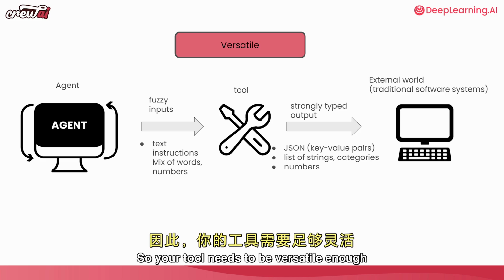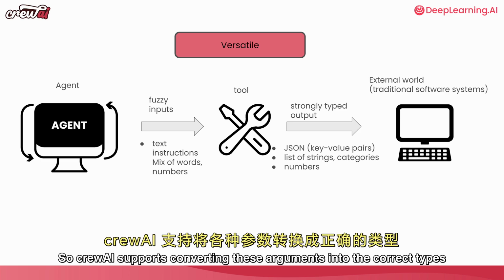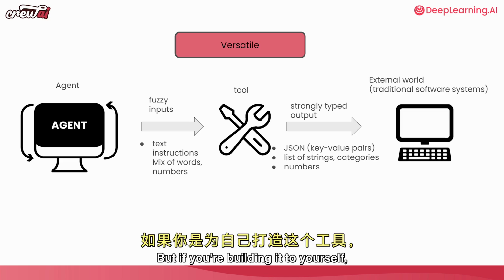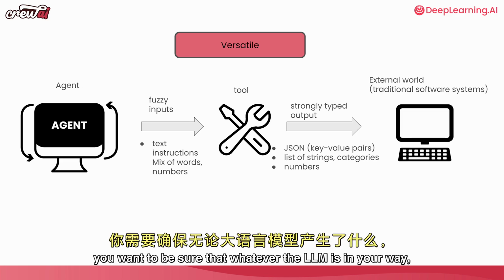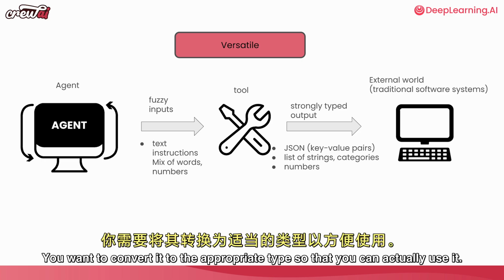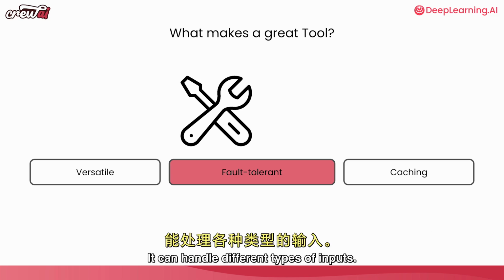So your tool needs to be versatile enough so that it can handle the different things that an LLM might throw at it. crewAI supports converting these arguments into the correct types, and it can handle the different nuances coming out of your agent. But if you're building a tool yourself, you want to be sure that whatever the LLM sends your way, you treat it properly and convert it to the appropriate type so that you can actually use it. So one big piece of making a great tool is making sure that it's versatile. It can handle different types of inputs.